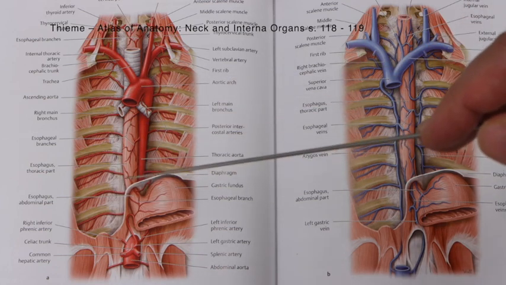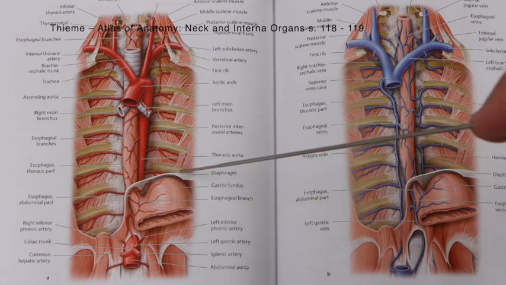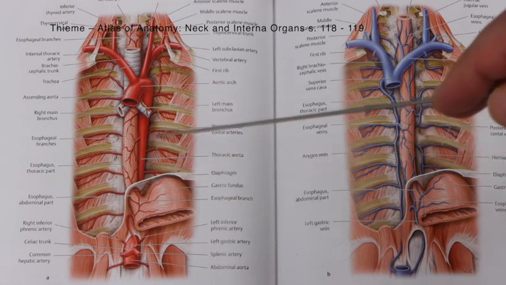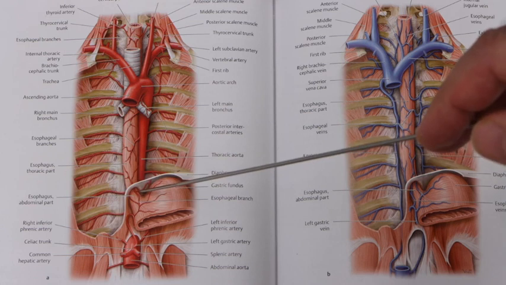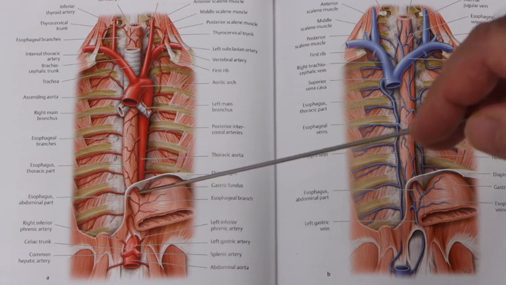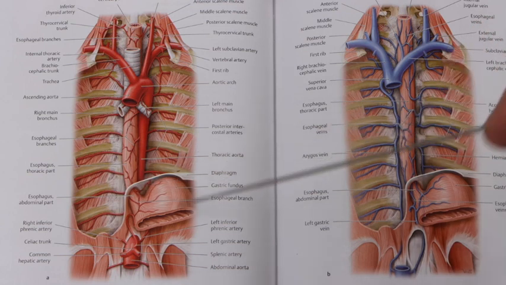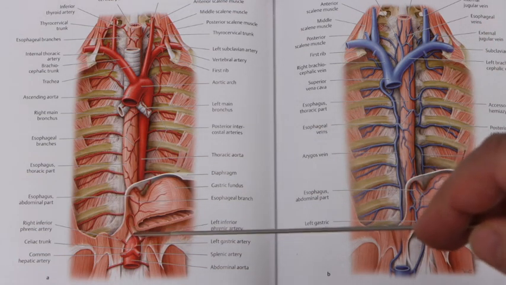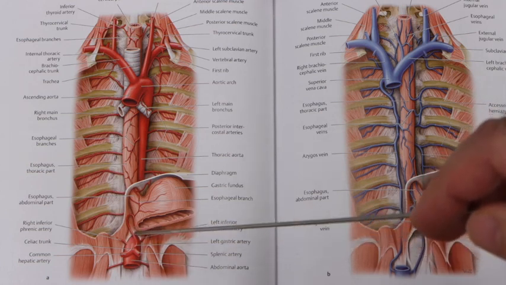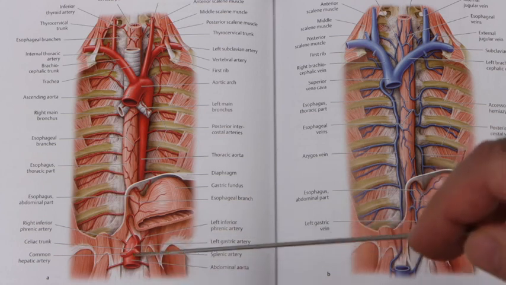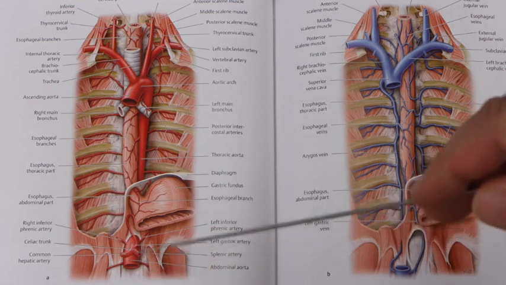Then it pierces the diaphragm, which is the border between the thoracic cavity and the abdominal cavity, at the level of T12. This opening is called the aortic hiatus. So it enters the abdominal cavity and continues as the abdominal aorta.